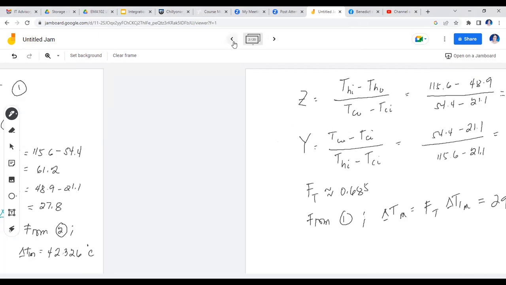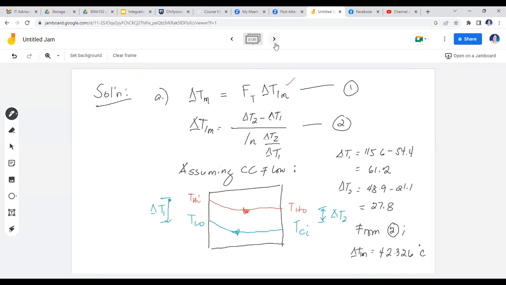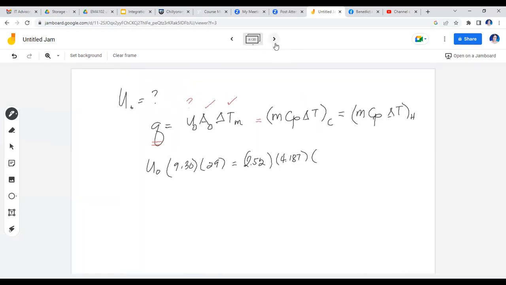The delta T for the cold fluid is 54.4 minus 21.1. So 54.4 and 21.1. In the process, you get the U sub O for orientation 1, 2.